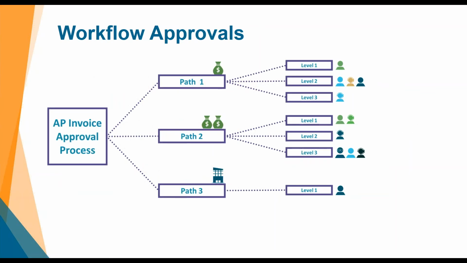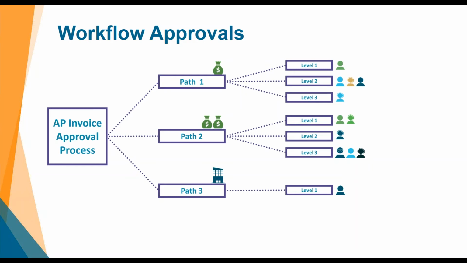Workflow can be used to manage not only the routing of the information across the organization, but really different levels of complex processes for things like your approval process. So when we take a look at the example here, we're not just strictly moving an invoice from point A to point B within an organization.